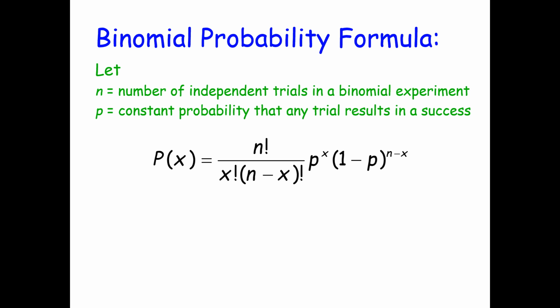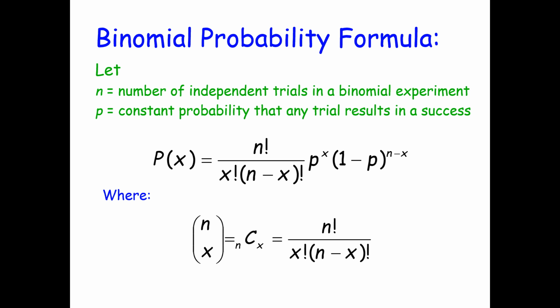So the probability of x is going to equal n factorial divided by x factorial times the quantity n minus x factorial, times p raised to the x times the quantity 1 minus p raised to the n minus x, where our combination of n choose x is going to be n factorial divided by x factorial times n minus x factorial.